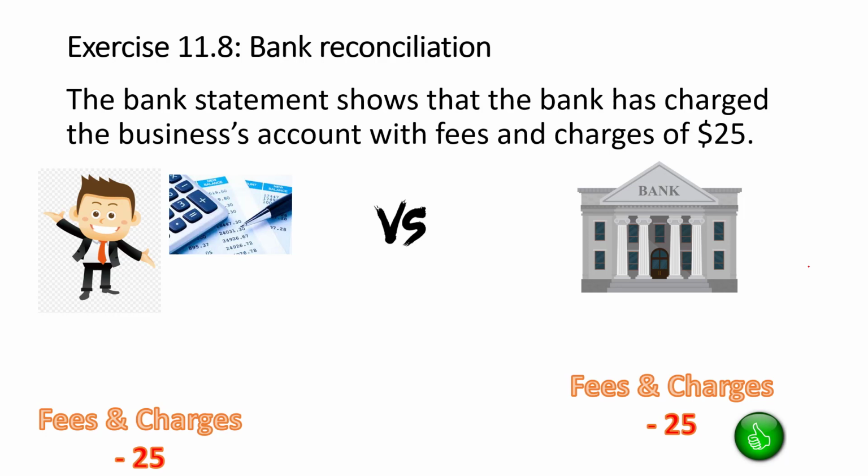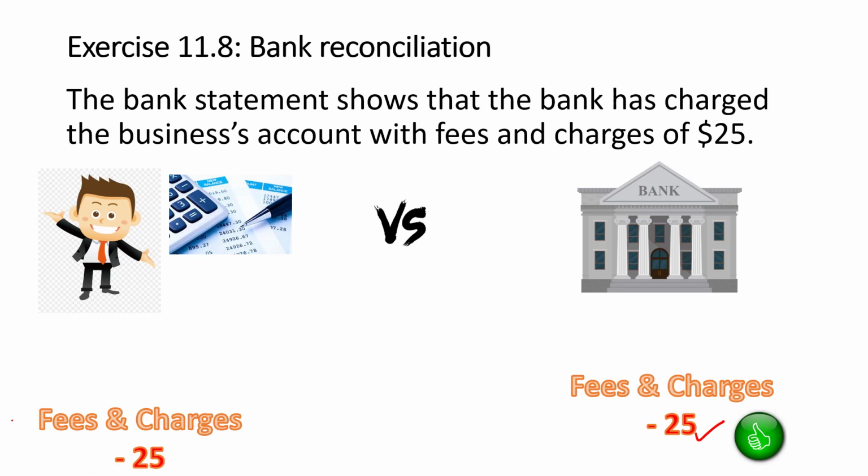Okay, the next one is that the bank statement shows the bank has charged the business account fees and charges of $25. So the bank has deducted $25 from our account. This is the correct one, but we did not put any record.